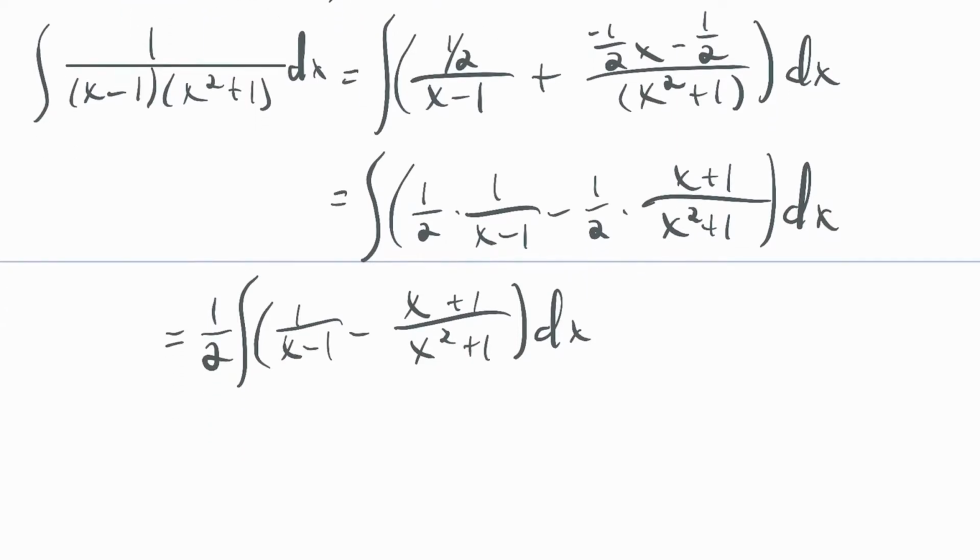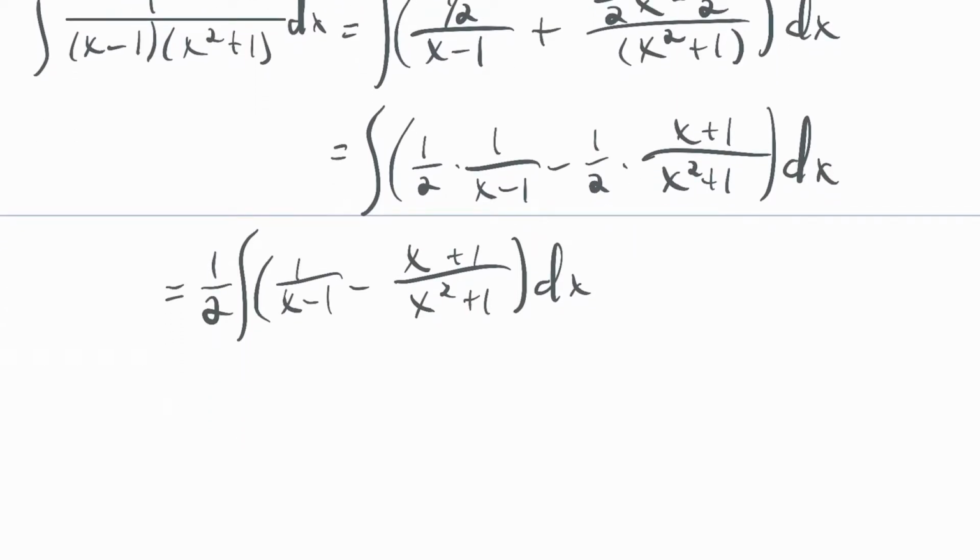Now, it might not be obvious what to do. You might notice that in this term, we can't just do a substitution, because if I do something like u equals x squared plus 1, then du would be 2x dx. And I don't have a 2x anywhere. If this 1 wasn't there, then I could do that. So you might have to look at this a little bit and think, okay, what do I do? How do I approach this?